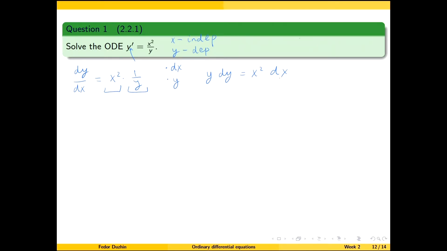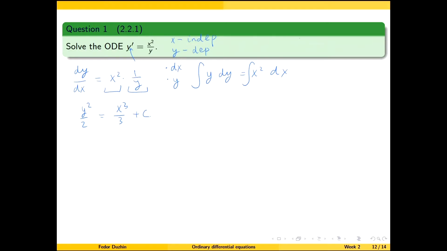So the next step is to do integration. So then we integrate. The integral of y dy is going to be y squared over 2, equals the integral of x squared, which is x cubed over 3 plus constant, right? So we shouldn't forget the constant.